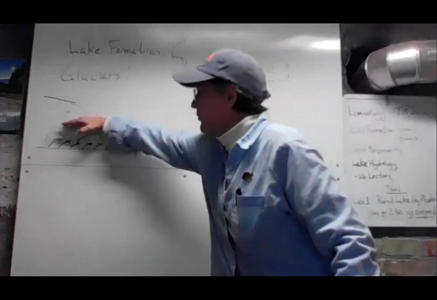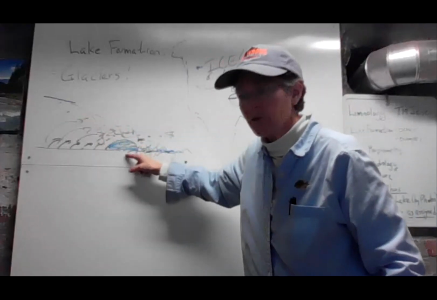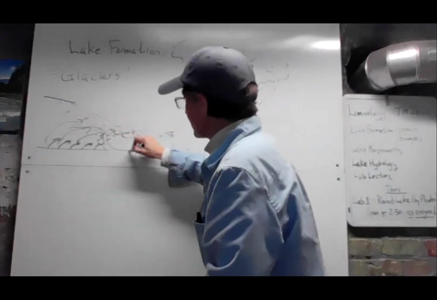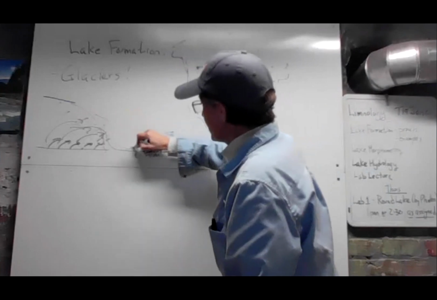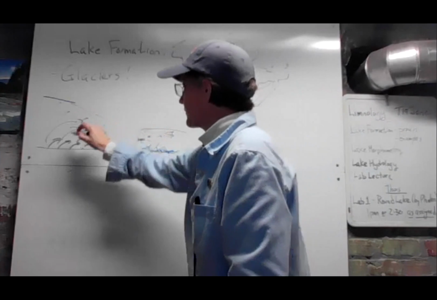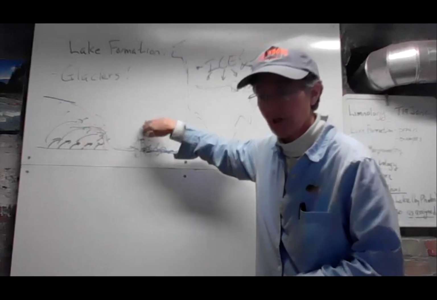And they may have smoothed the surface off, but then when this melts, the landscape looks like this. Right? So now you've got a depression in the ground.